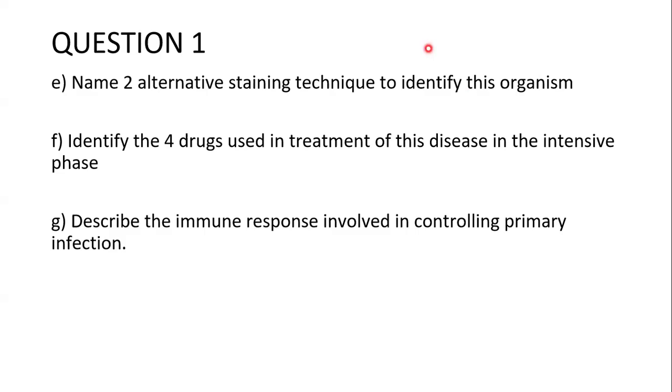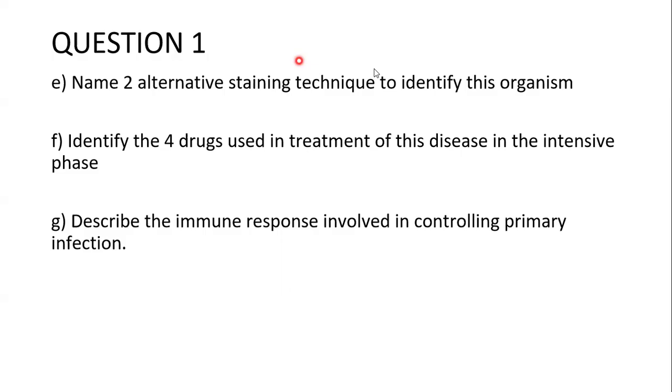No. We want the staining techniques, not lab techniques. So I'm seeing from the chat we have quinone. Quinone is there. Auramine phenol, that is there. Rhodamine, auramine stain, yes. Silver stain, no, we don't use silver stain in TB.